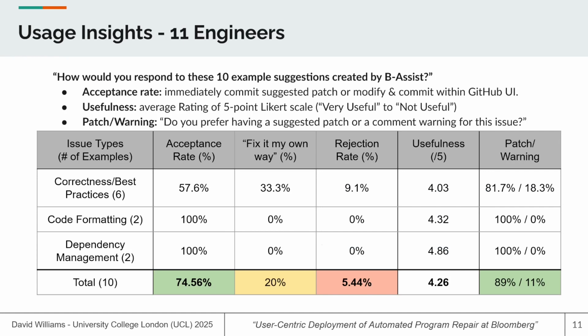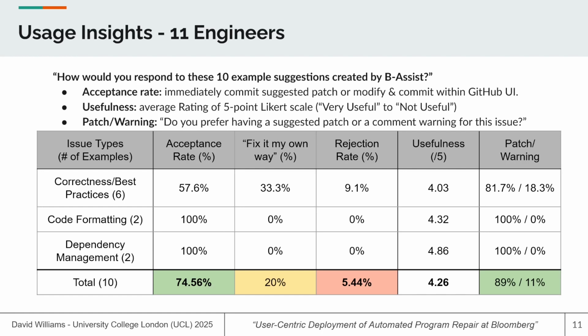Looking at the results from this study, we can see that acceptance rate varies greatly depending on what type of issue is being addressed. For formatting and dependency management examples, engineers were very quick to accept these changes, as they believed the tools making these suggestions are trustworthy. For code correctness and best practices, while the feedback is more nuanced, we still see positive results.